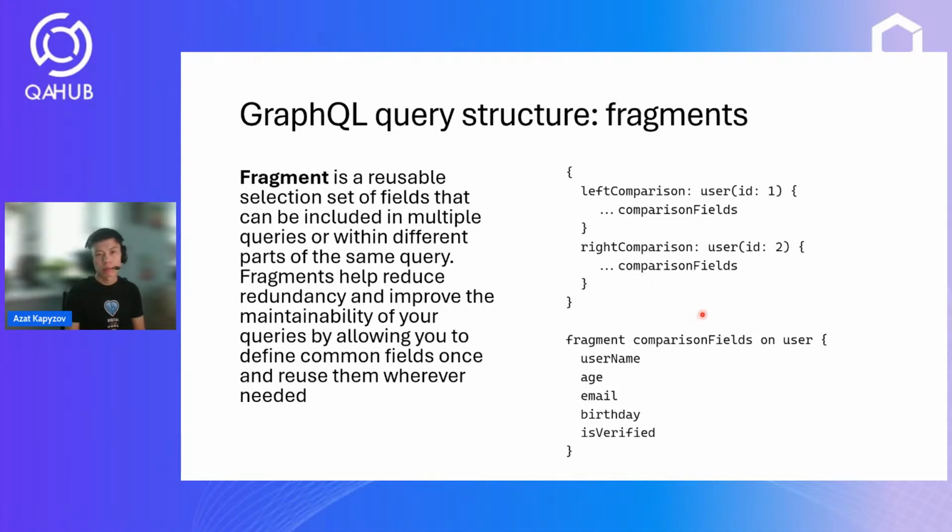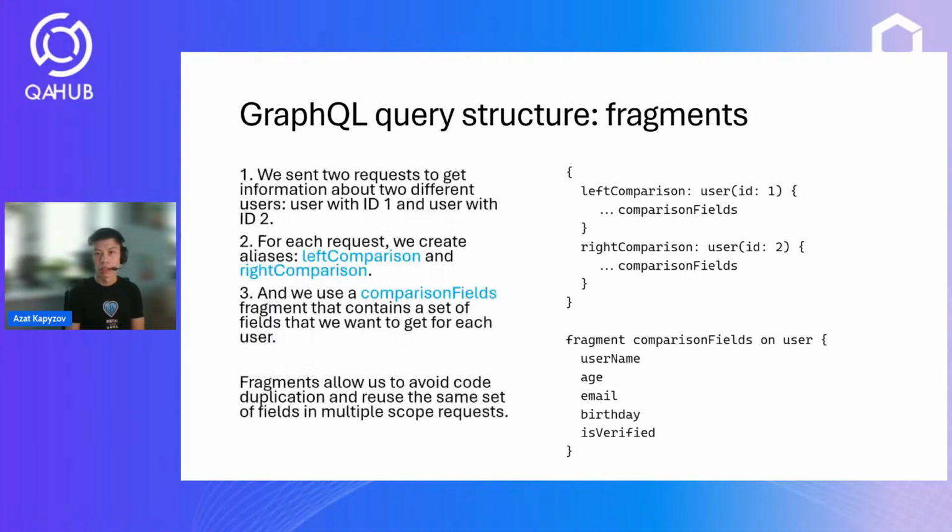So in this case, let's describe what we have here. We sent two requests to get information about two different users, let's say with ID1 and ID2.